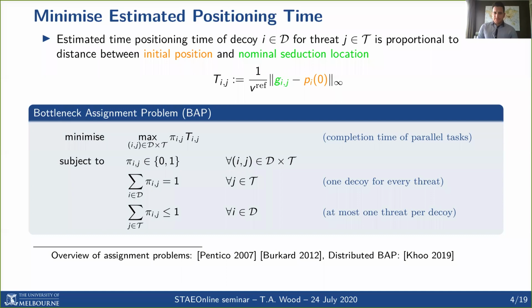For this, we select a single point as a target for every threat, and we call this the nominal seduction location.